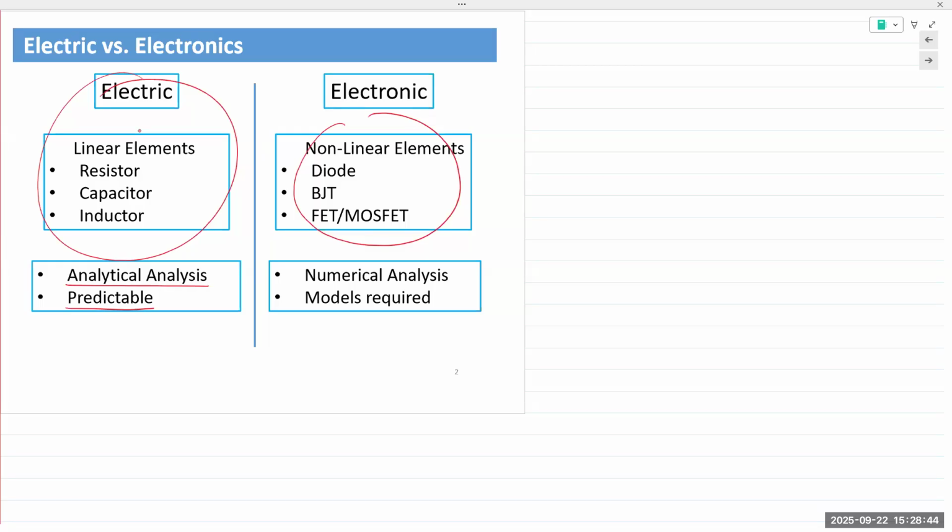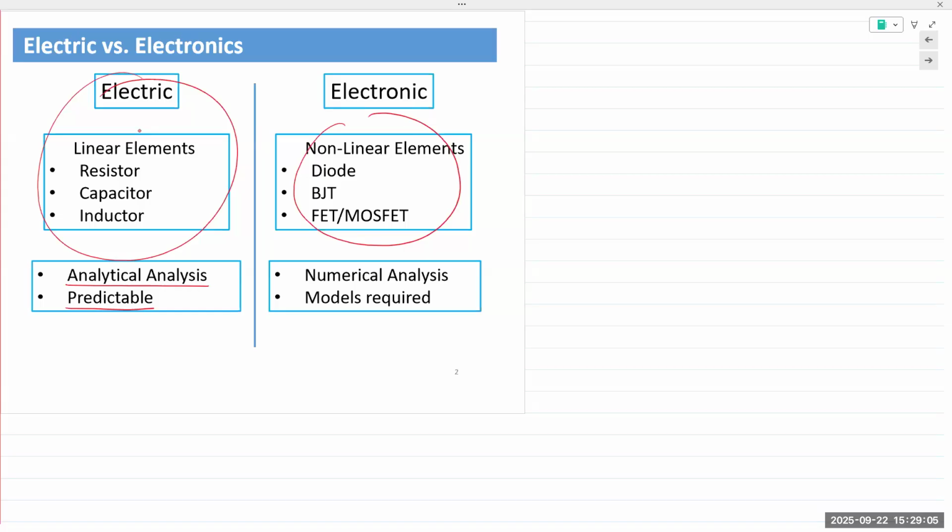Depending on our use case scenario, our models will be different, right? No single model will be able to describe a device in all use case scenarios. If the temperature is different, if the pressure is different, the environmental conditions are different, we need to use a different model.